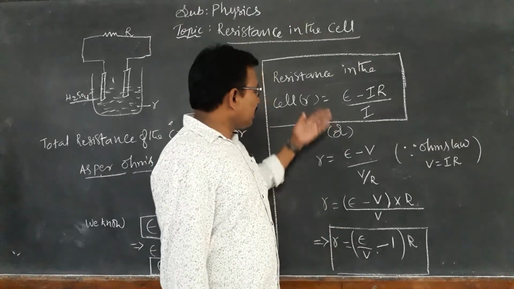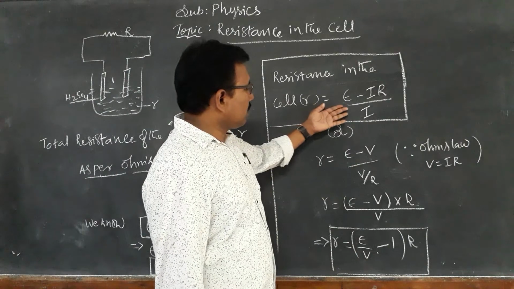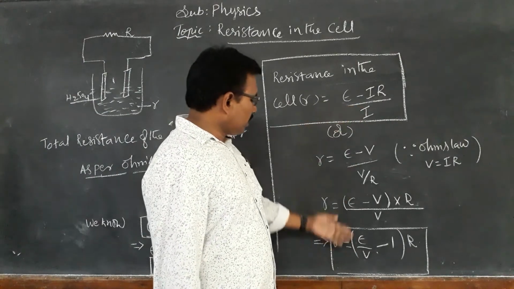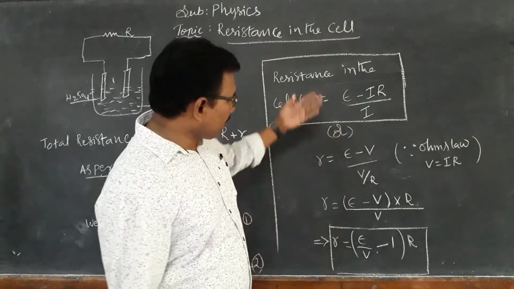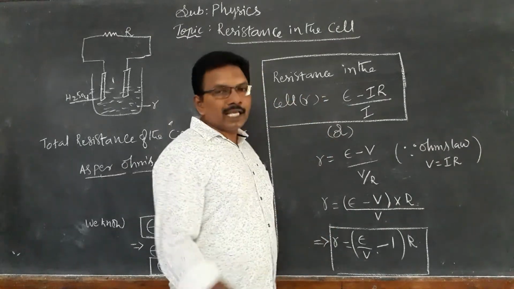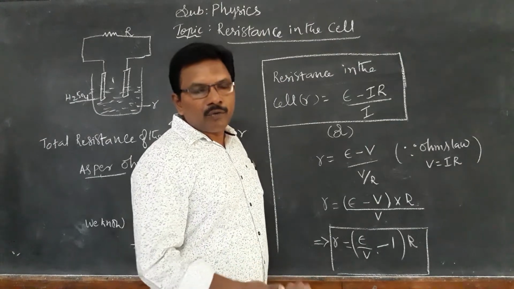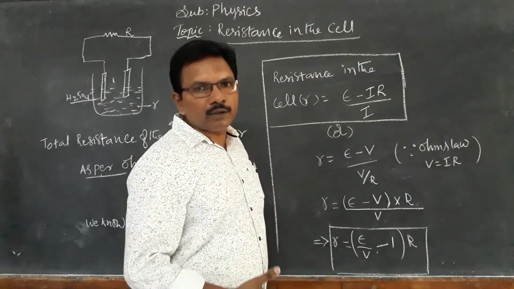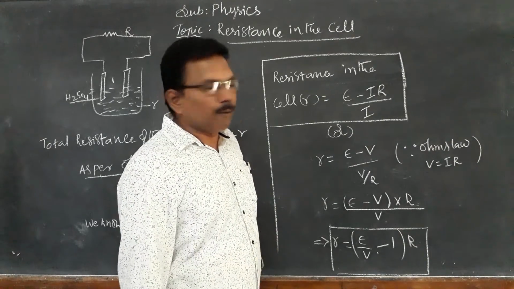So why the difference? Why are we using another formula? What is the necessity of writing another two formulas? As per the given values, we can choose the formula to find the inner resistance of the cell.